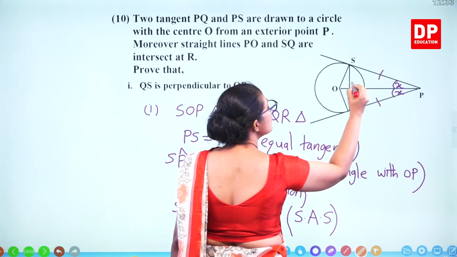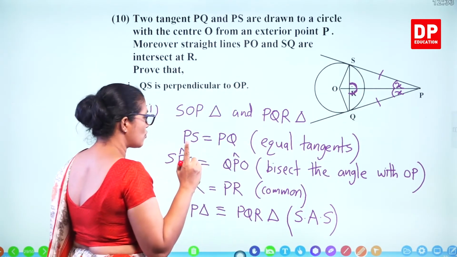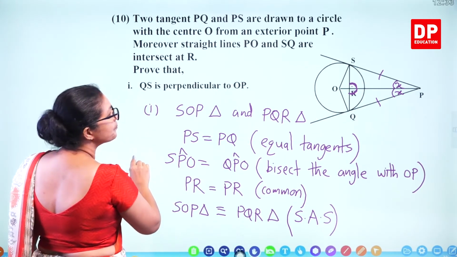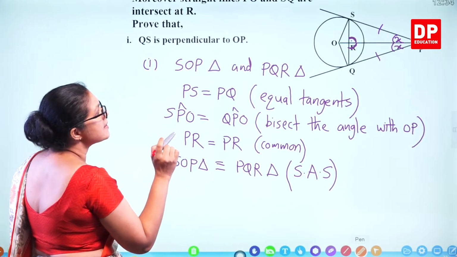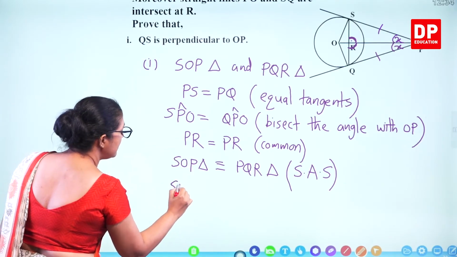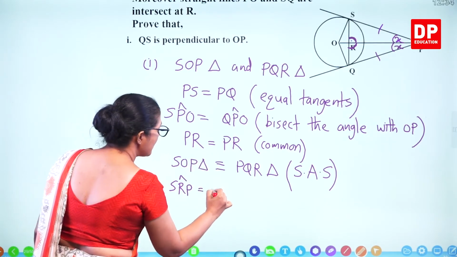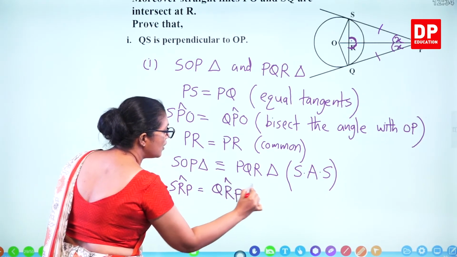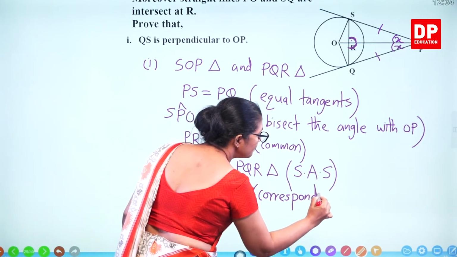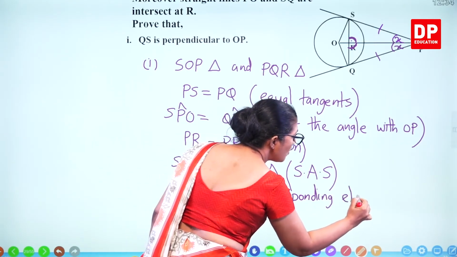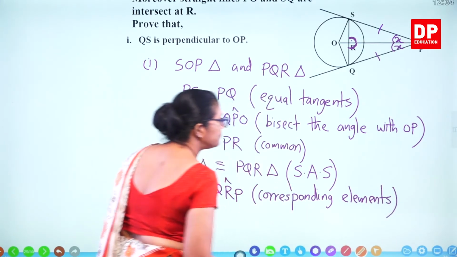Now we found out these two triangles are congruent. Corresponding elements opposite to this angle, this one is equal to this angle. So you can write SRP angle is equal to QRP, corresponding elements are equal because the two triangles are congruent.